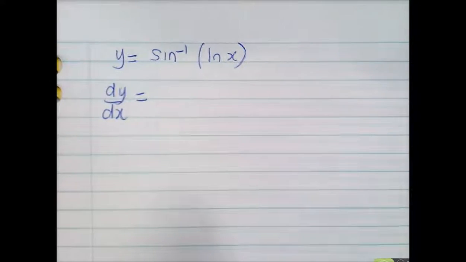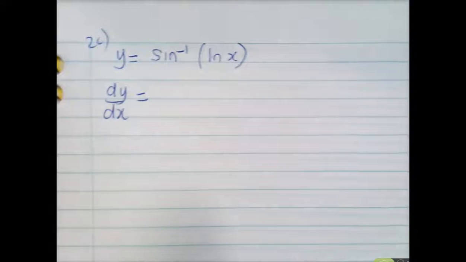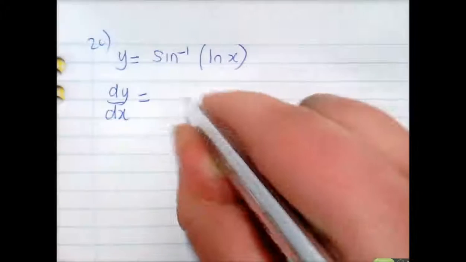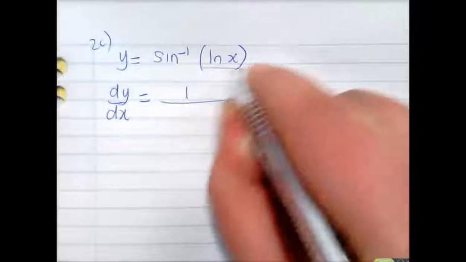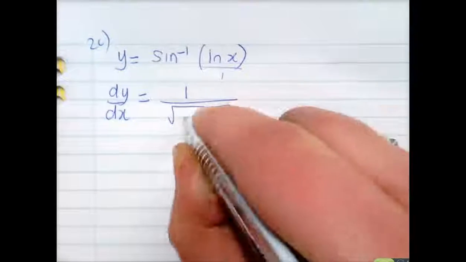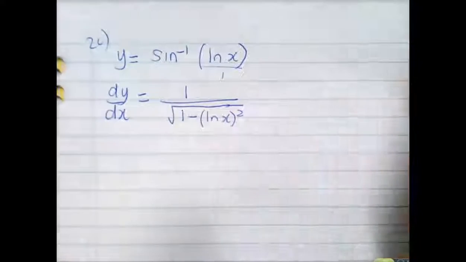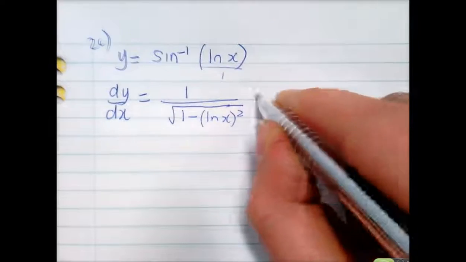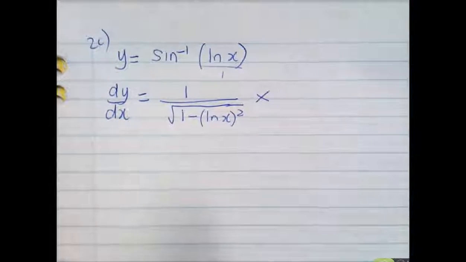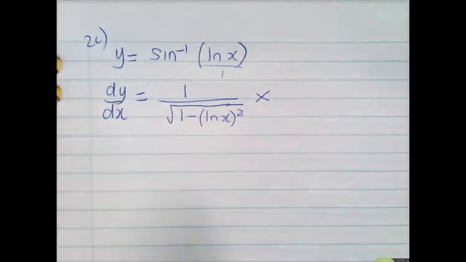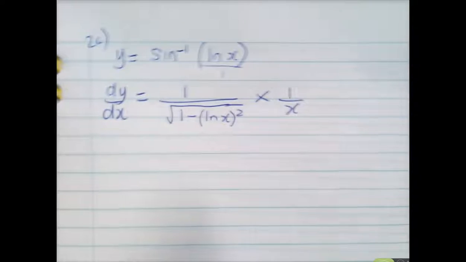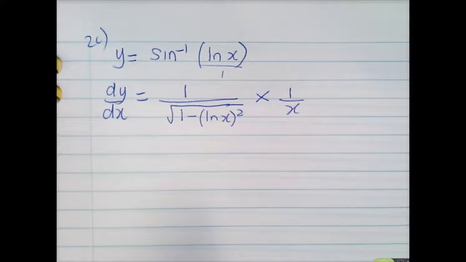This is question 2C. So it's 1 over the square root of 1 minus ln x squared, a in this case is 1, times the derivative of ln x. Do not write ln x squared differently. That derivative is on your formula sheet. Don't want to get that one wrong.